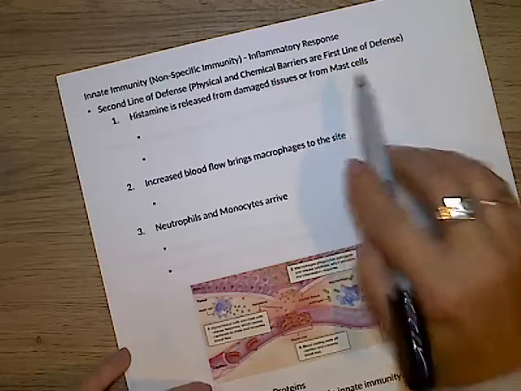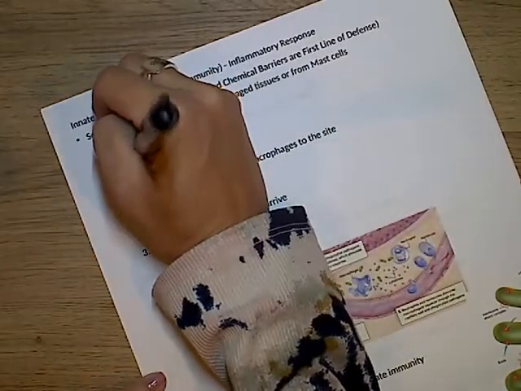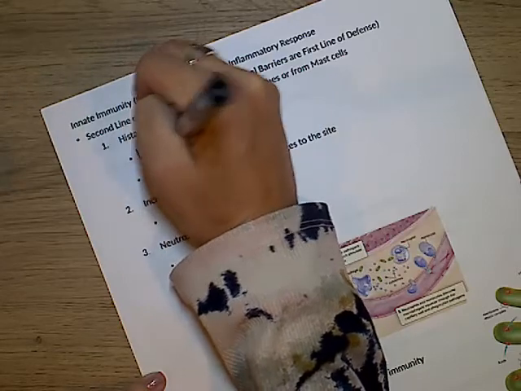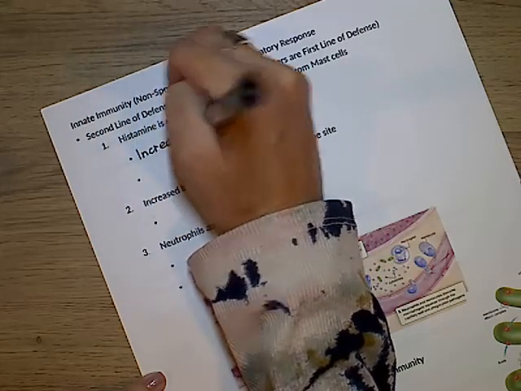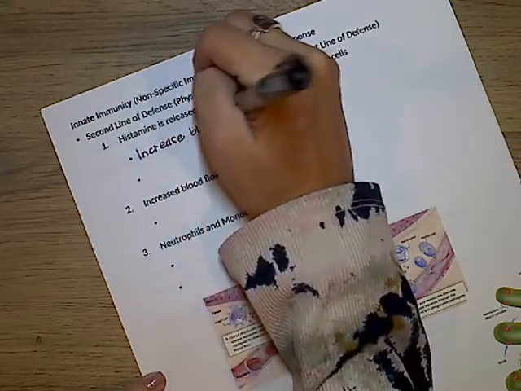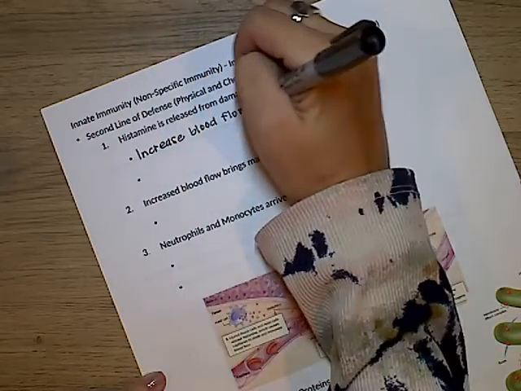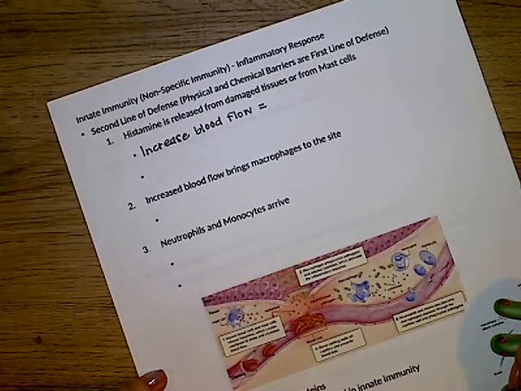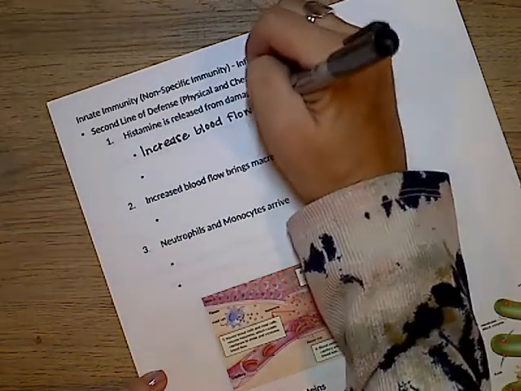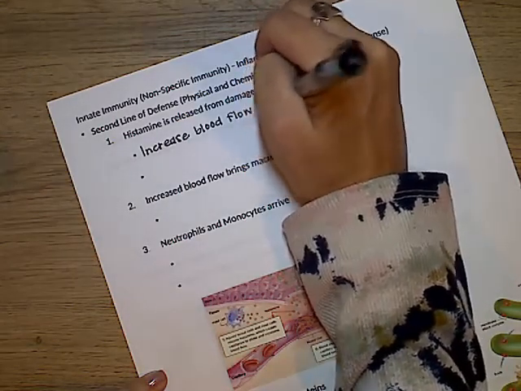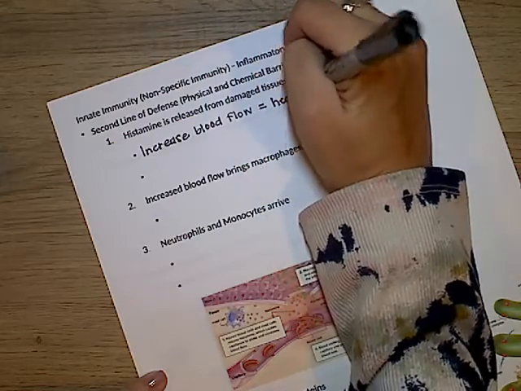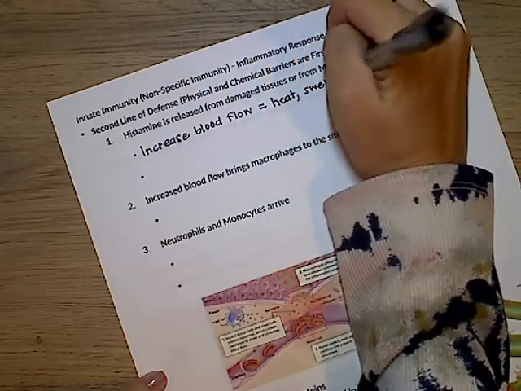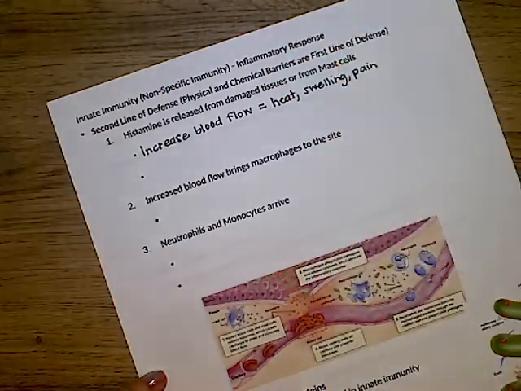And what histamines do is they increase blood flow. And when you do this, it's going to bring heat to the area as well as swelling, and it can be painful.